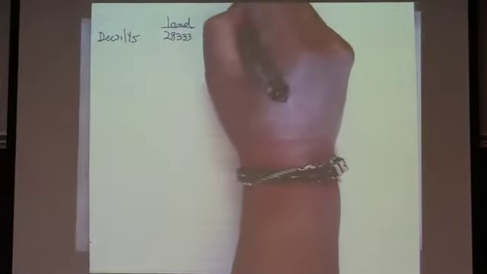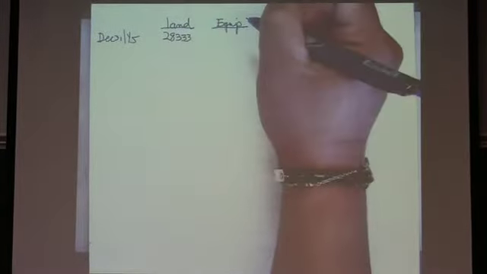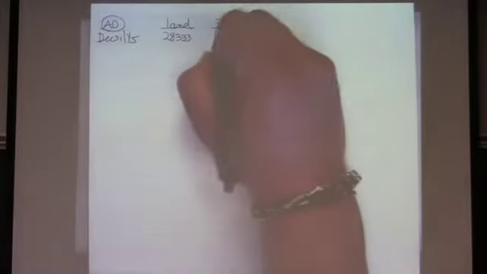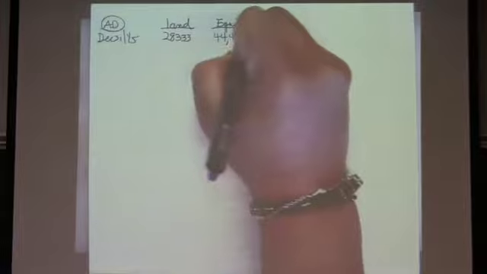Then we've got equipment, and this is the AD, the acquisition differential. The equipment is 44,444.